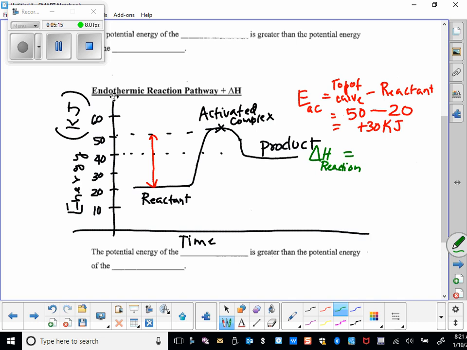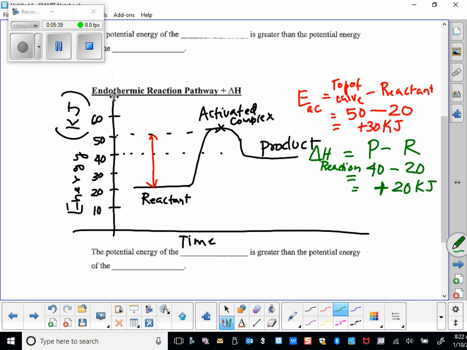Product minus reactant. What is the energy of the products according to the graph? 40. What is the energy of the reactants? 20. So what's the difference? In this case, it is positive 20 kilojoules.